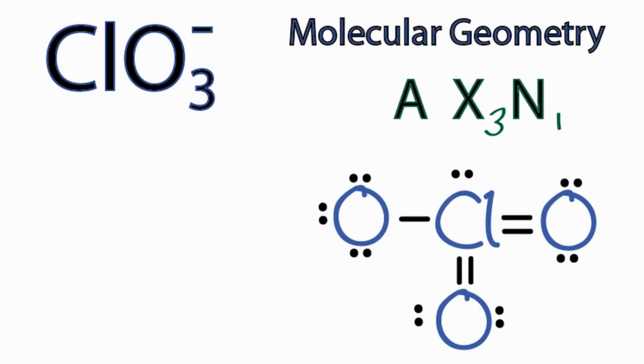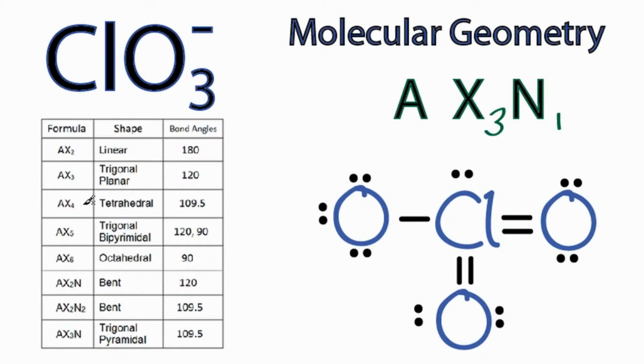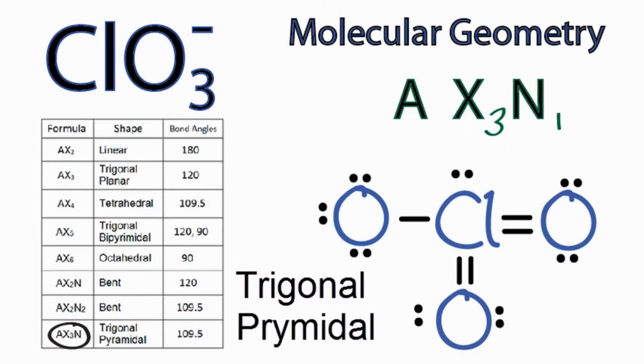So we have AX3N, and we can look that up, and we can see going down our table here at the bottom, there's AX3N, and it's trigonal pyramidal molecular geometry, and the bond angles are 109.5. Since this is a general table, they're not going to be exactly 109.5, but they'll be around there. So we end up with a molecular geometry of trigonal pyramidal.